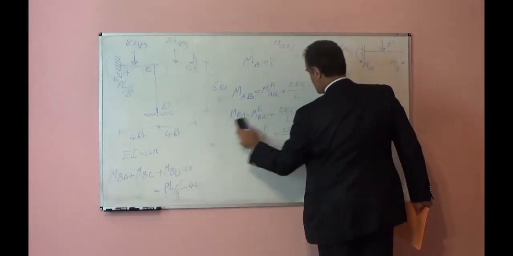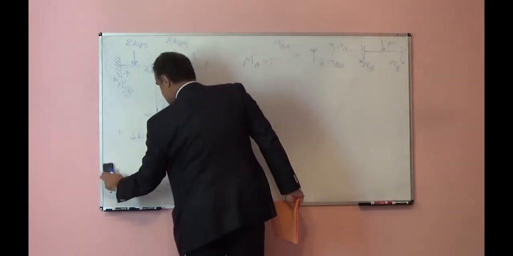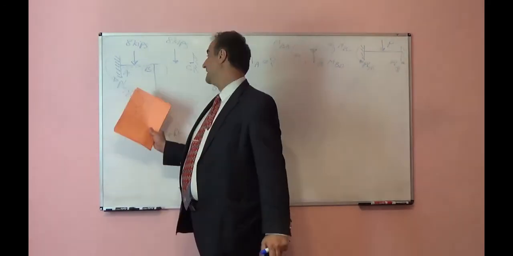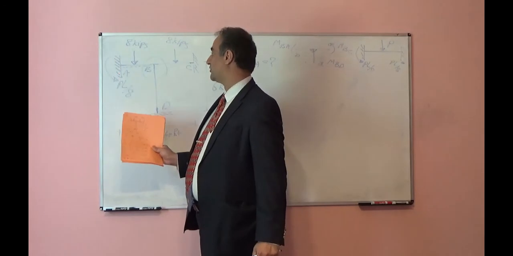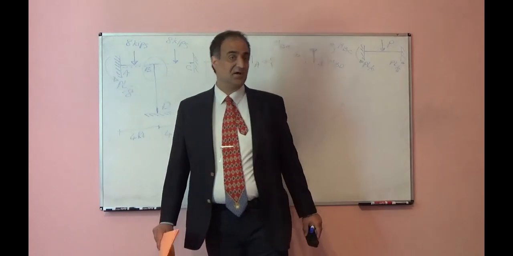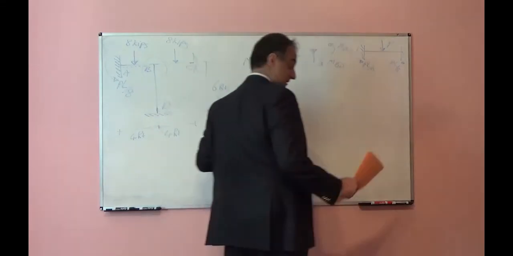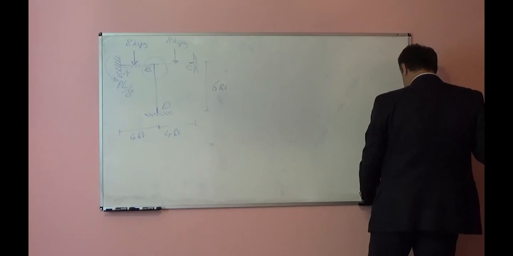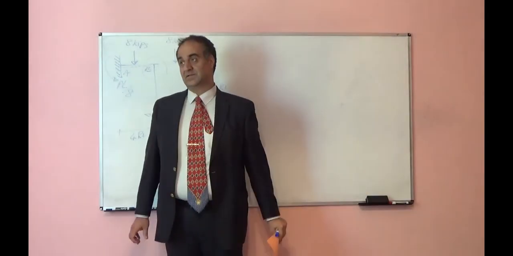But if I want to show it as an external moment, because I assume counterclockwise is positive, I will call it positive PL over 8. Positive PL over 8 means it is counterclockwise at point A. A negative moment at A means it will create compression underneath the beam at point A. That is the difference between external moment, positive and negative, and internal moment.